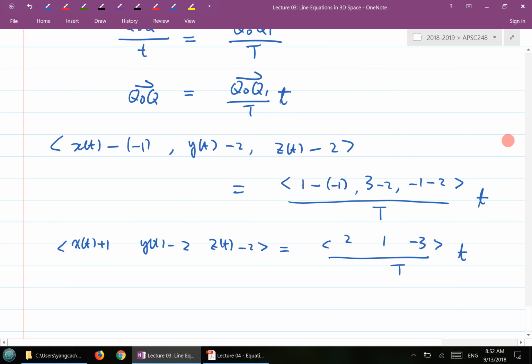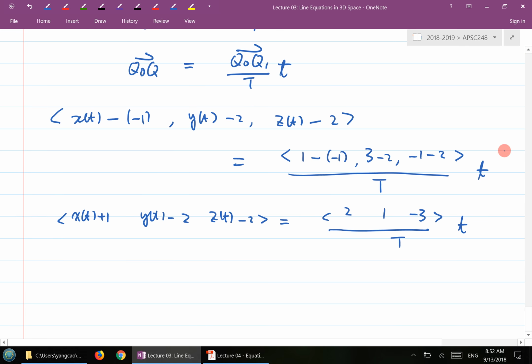All right, so if you look carefully here, you probably already realize I can obtain 3 equations already, right? Because those are vectors on the left and vectors on the right. When you have two vectors equal to each other, it basically means the components of the vectors are the same.